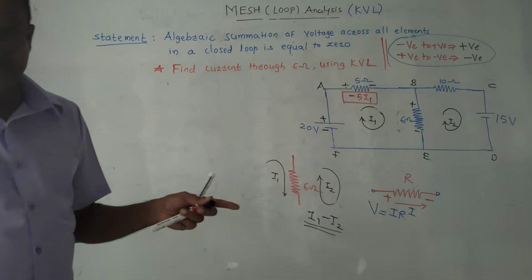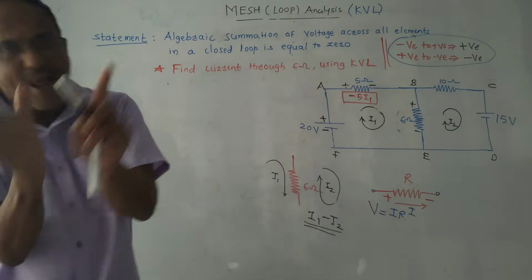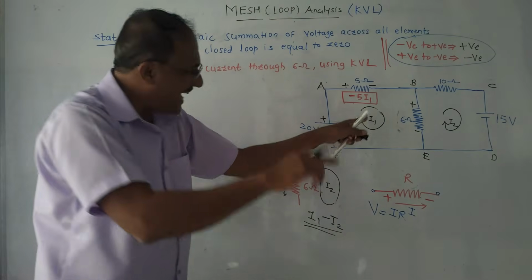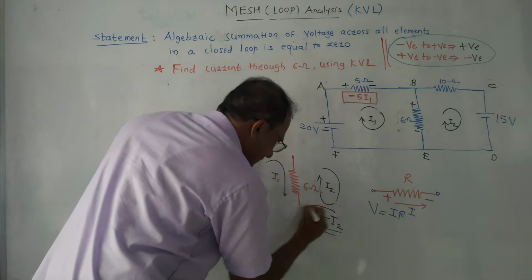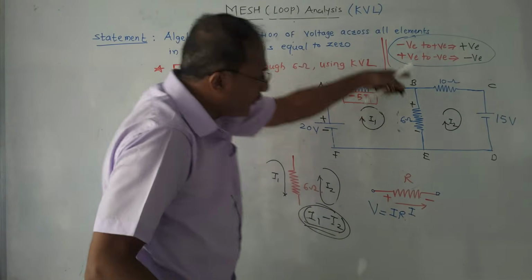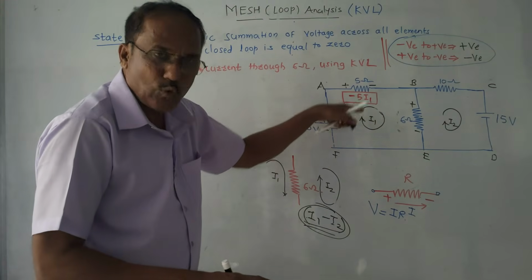I will tell you a simple trick. If you are writing values for loop 1, give priority to loop current 1, which is I1. So I will write this as I1 minus I2. This will be the current flowing through 6 ohm because I am writing equations for loop 1.